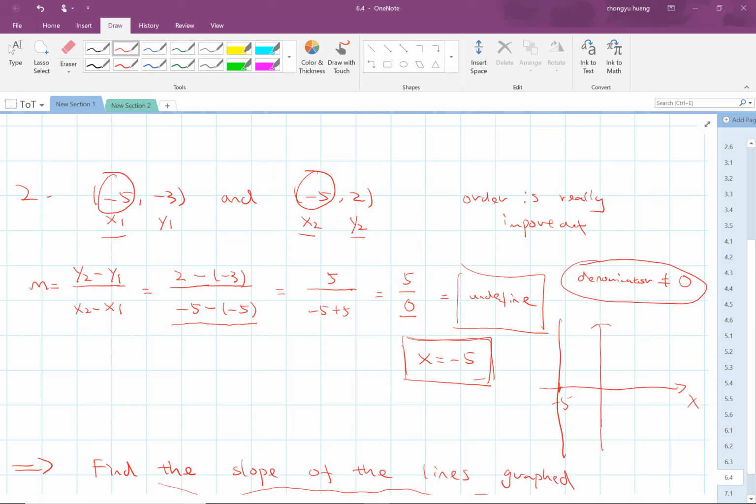Okay, makes sense, right? So basically the point over here is that this line represents x equal to -5. X will always be -5, right?